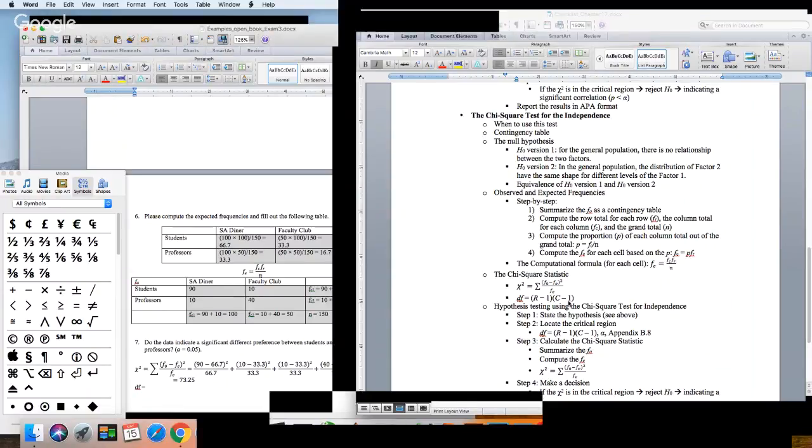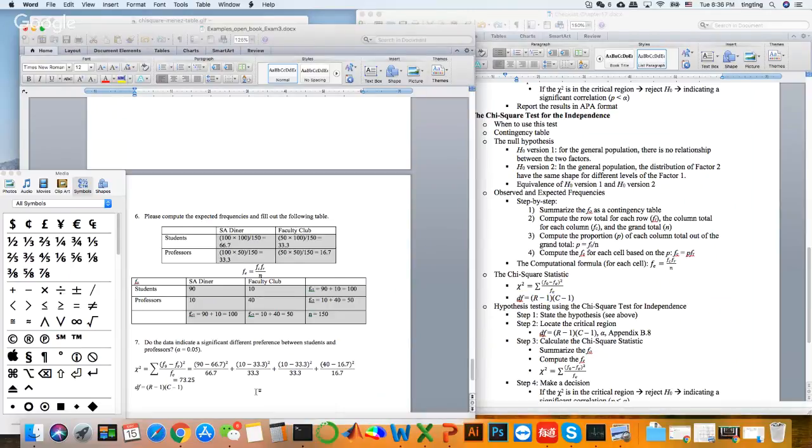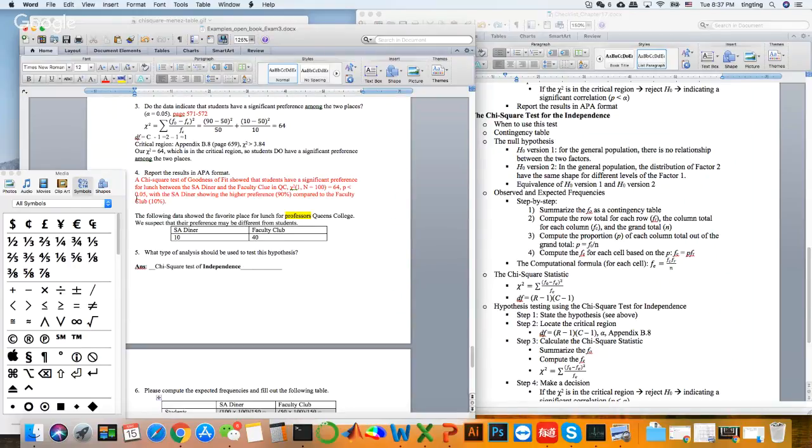So for here, you have the formula. R is the number of rows, that's 1. C is the number of columns. Degrees of freedom still equals 1. So you can use the same number.